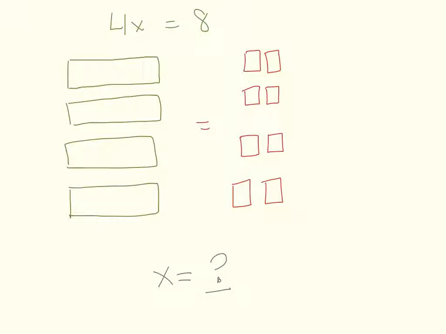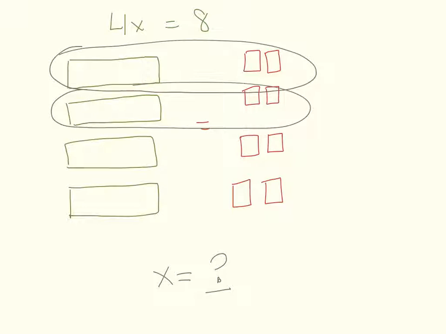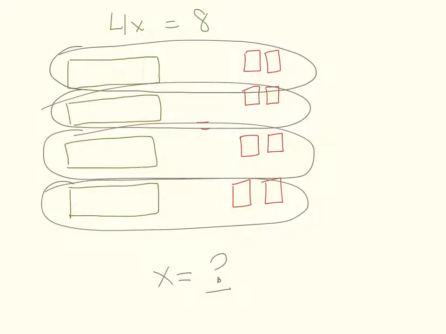Okay? Now, I already drew this out, but if I have 4x is equivalent to 8, I want to split these evenly, or divide these evenly among the tiles to see how much one tile is. So I've kind of put them in rows already, and I'll just circle these. So 1x equals 2 tiles, this x equals 2 tiles, this x equals 2 tiles, and this x equals 2 tiles.